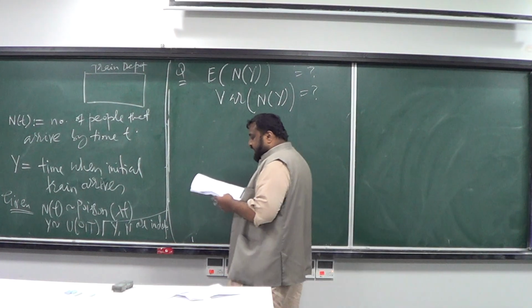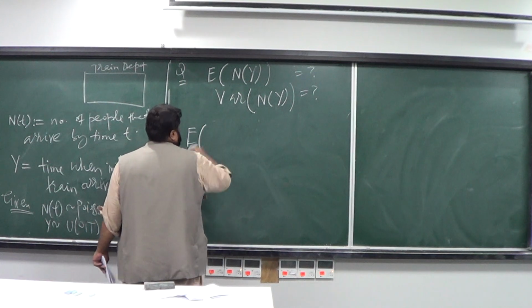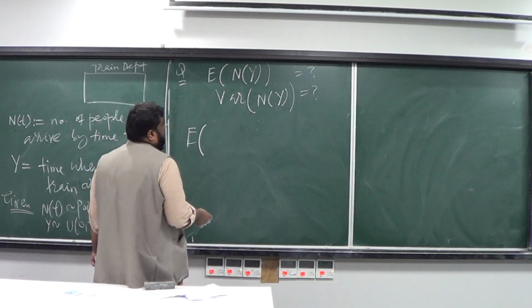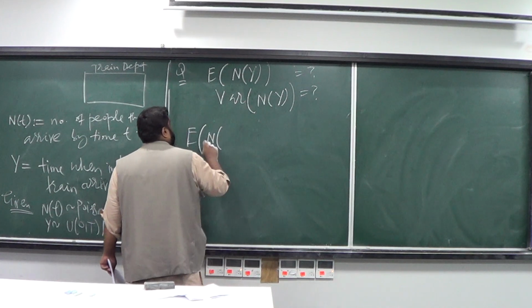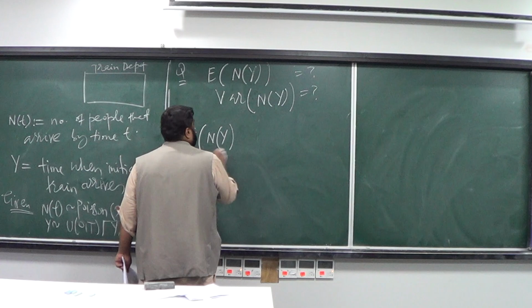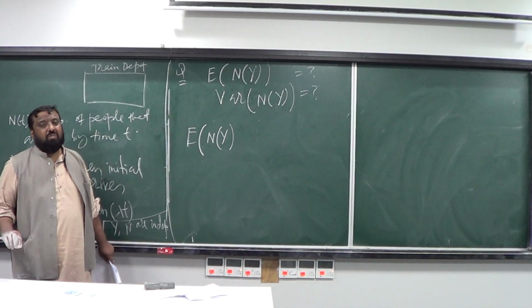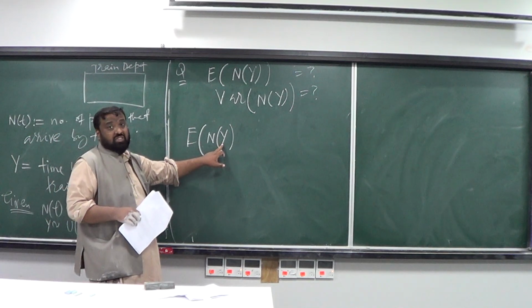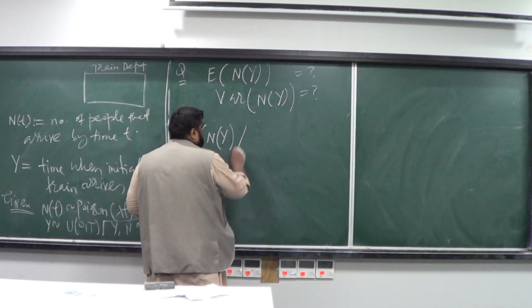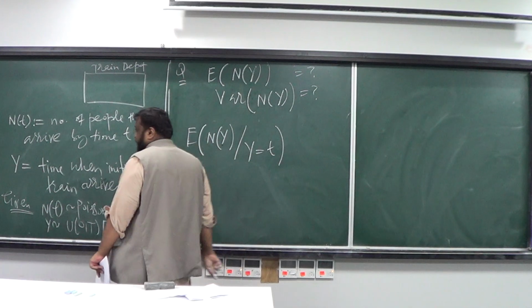So let's compute the conditional expectation. Let's start with computing the conditional expectation of the number of people that arrive up to the time when the train arrives, in other words, the time Y, given that the train arrives at a time small t.